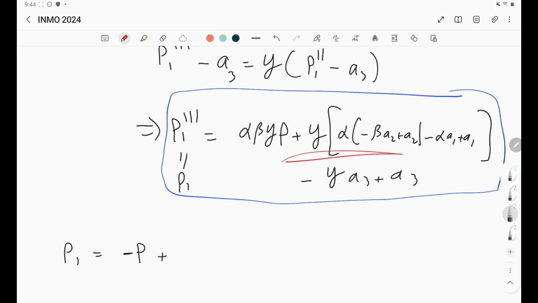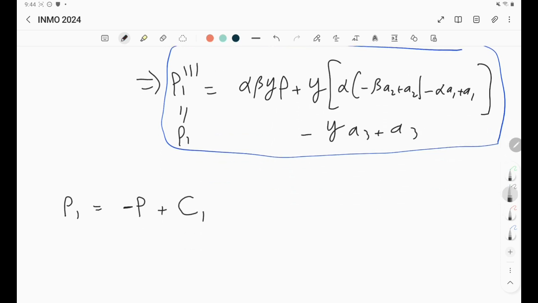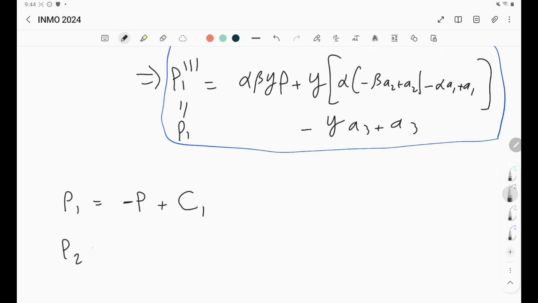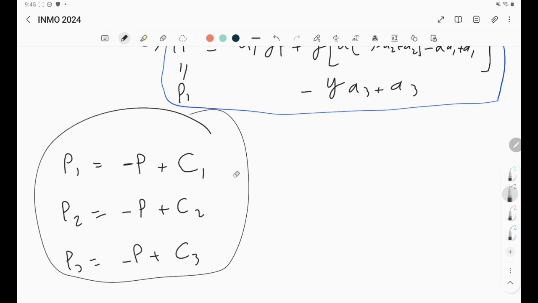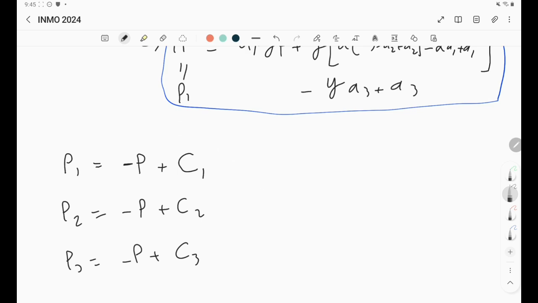So this thing is kind of a constant, a fixed, right? Let's call it maybe something like c1. Of course the same thing is going to happen for the others. Negative p plus c2, and p3 is going to be negative p plus c3. Very good. We found indeed the coordinates for p1, p2, p3.